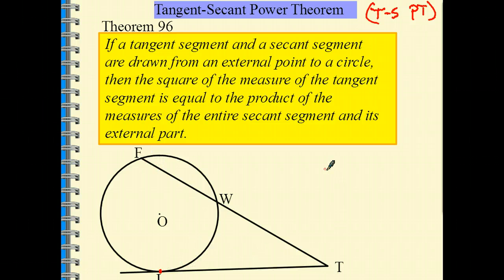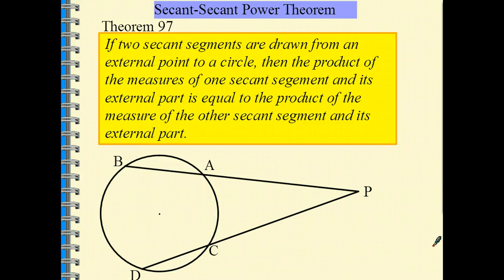Then LT squared is going to equal the product of the entire secant, which is TF in this diagram, times its external part, the part on the outside, TW. So LT squared will equal TF times TW. This is the tangent-secant power theorem, and we can use it to find missing parts. This side squared equals this external piece times the whole thing.